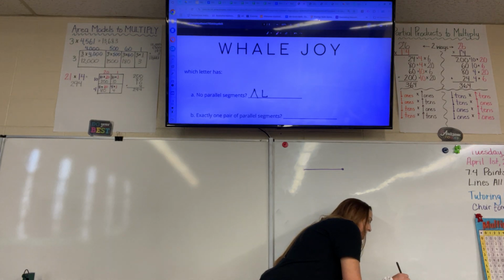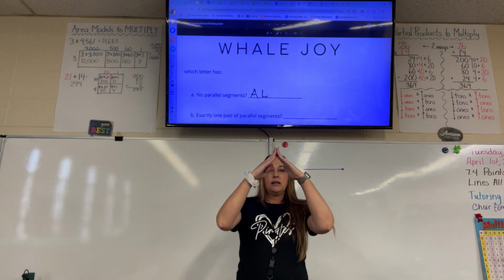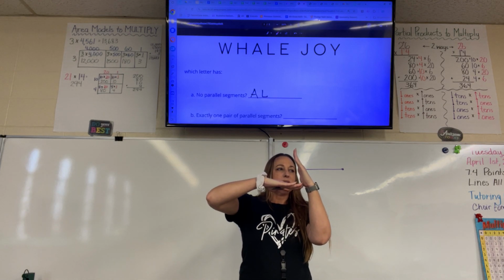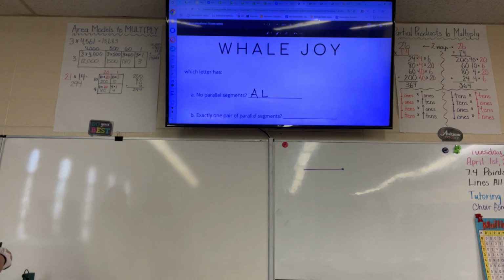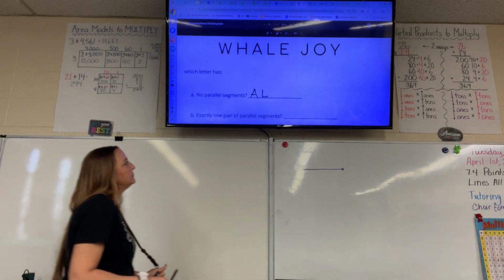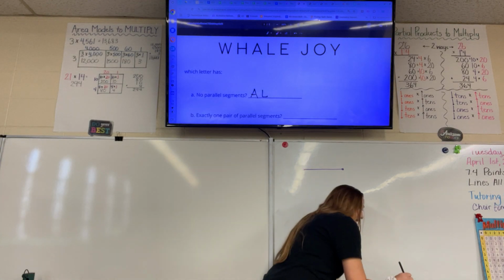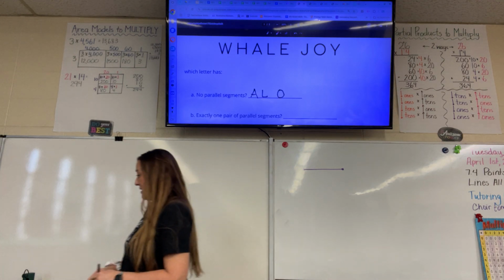It has 2 that connect here and then 1 that connects in the middle, but nothing that is parallel. Okay, so there are some more letters that do not have parallel line segments. Avis, give me another example. O. O does not have any parallel lines. It doesn't even have any lines.